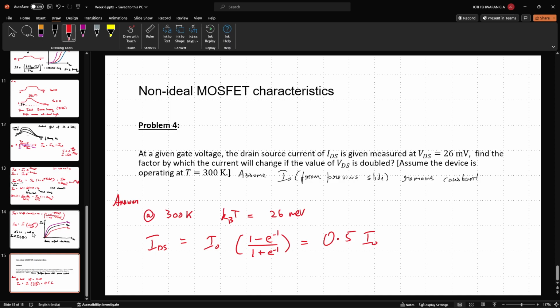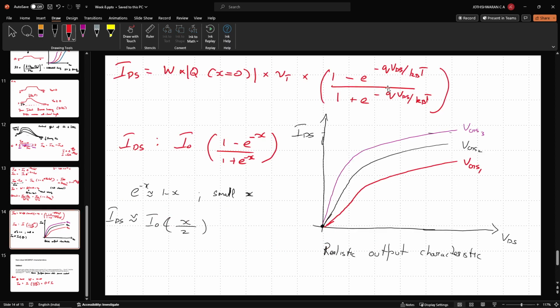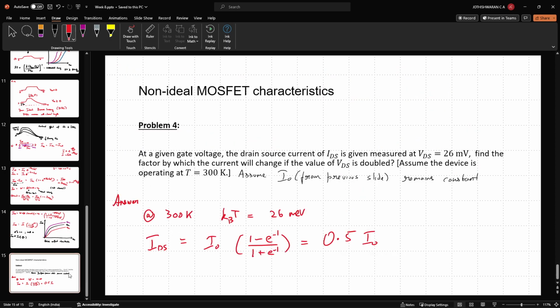Now, going back to this formula, when the voltage is doubled, this quantity will become 2, because Q times VDS will be twice 26 milli electron volt. So when the voltage is doubled, the new IDS prime, IDS dash, is going to be, I'm told that I naught can be assumed to be constant, 1 minus e to the power minus 2 divided by 1 plus e to the power minus 2.